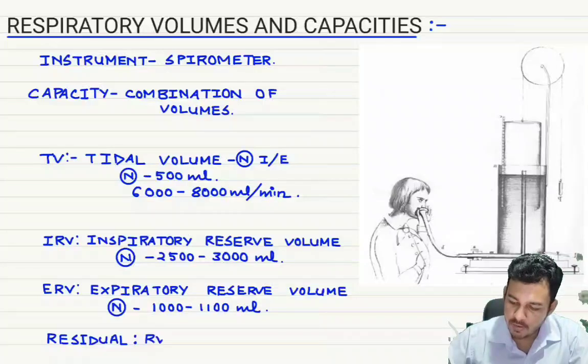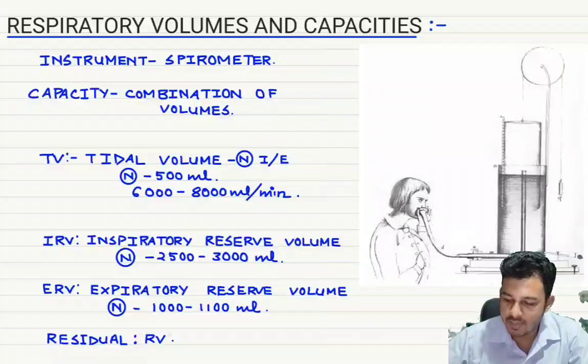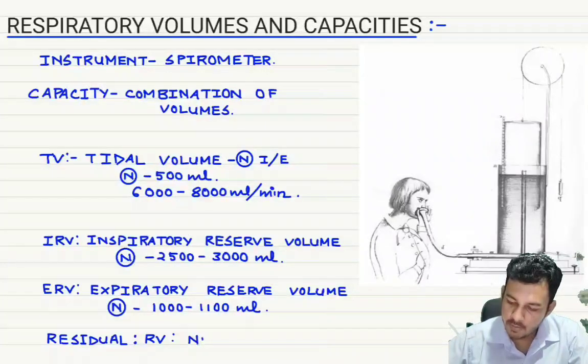Residual volume refers to RV. So here the term is again self-explanatory. Whatever the volume is left, that is known as residual volume. Now what is the amount of residual volume? That is 1100 to 1200 ml.